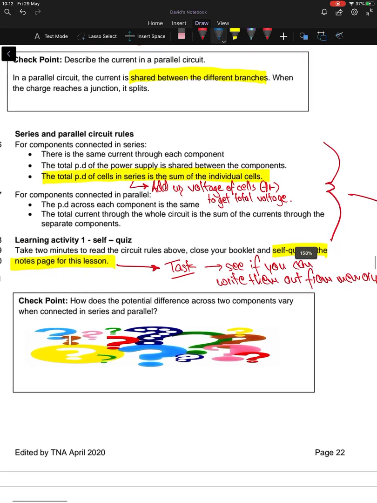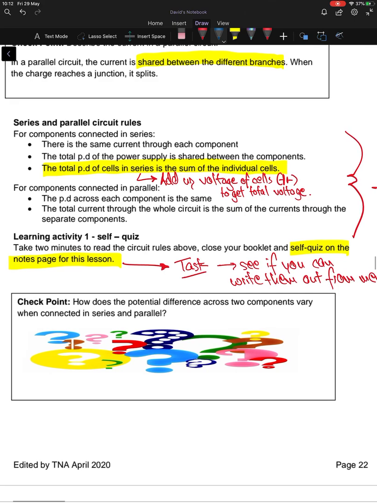So there are rules that you need to know about series and parallel circuits and how components are connected. They're summarised here, but these can be quite confusing to try and understand, so I've simplified them for you in a moment. So the rules for series circuit: there is always the same current in each component.